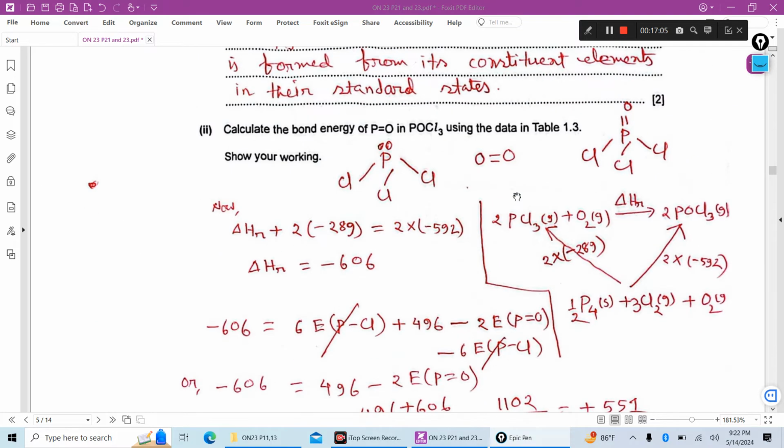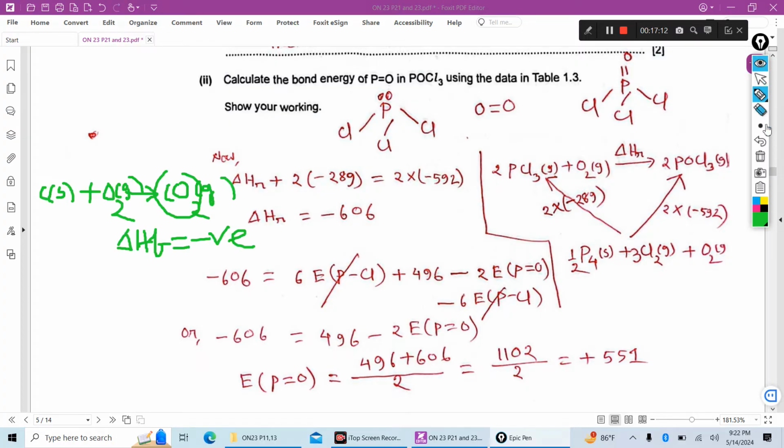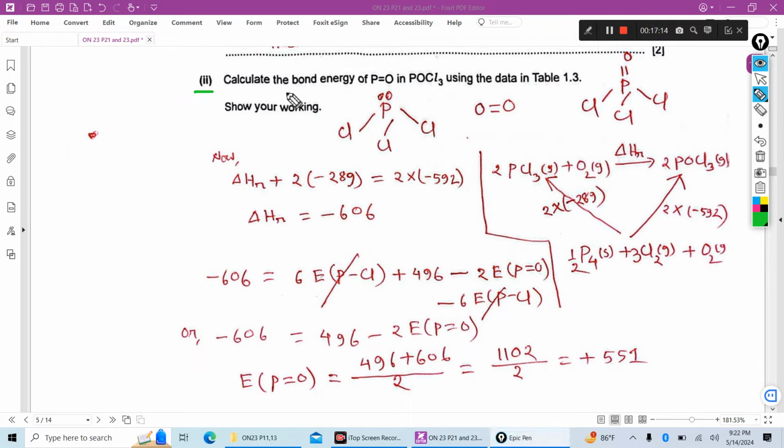Now you see, calculate the bond energy of the phosphorus oxygen double bond in POCl3 using the table. Show your working. So phosphorus trichloride has 3 single phosphorus chlorine bonds, and phosphorus oxychloride has the oxygen double bond and 3 chlorine single bonds.